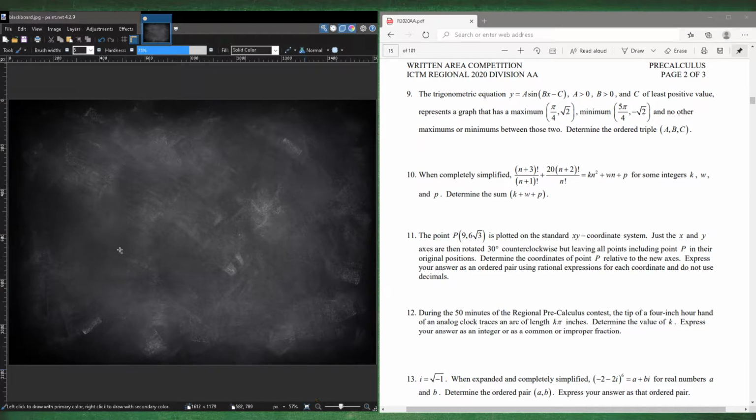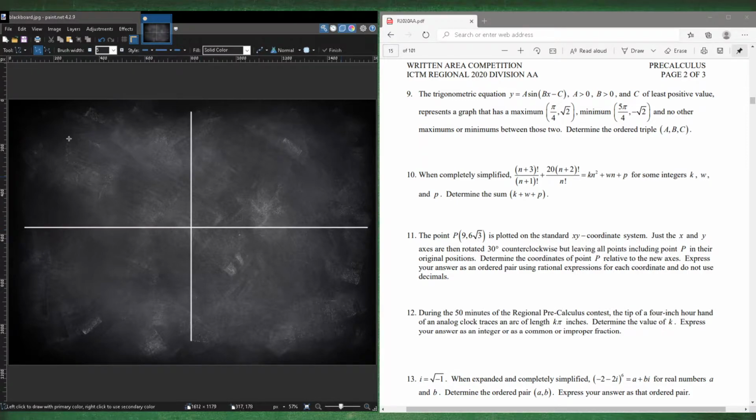So instead of moving the axes, we can move the point, which would have us using our calculator a bunch. So what we're going to do is put a point, and then draw a line from the origin to that point.